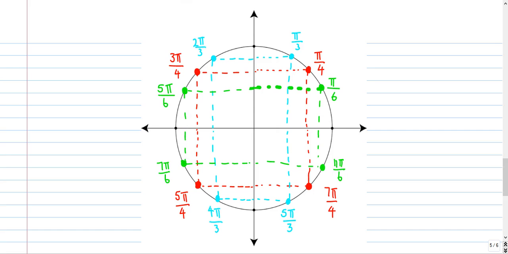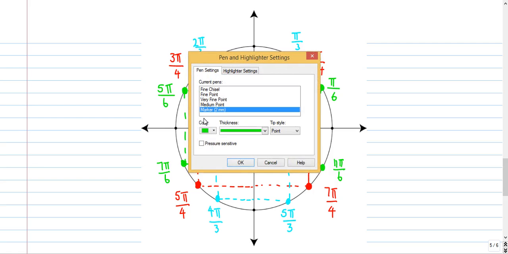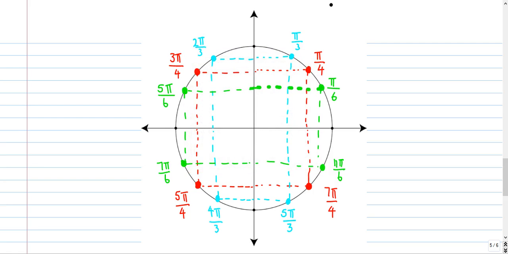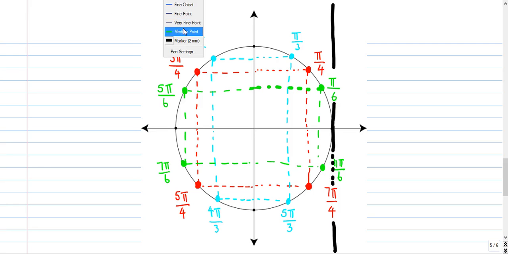And the same would happen if I add in a tangent line. And again, let's make that a different colour. So if I put a tangent line that runs, we imagine it going through here, and I wanted to work out, let's say, tan of pi on 4, it would be through up here and to there, and that would be the same as here, 5 pi on 4, so tan 5 pi on 4 would be the same as tan of pi on 4.